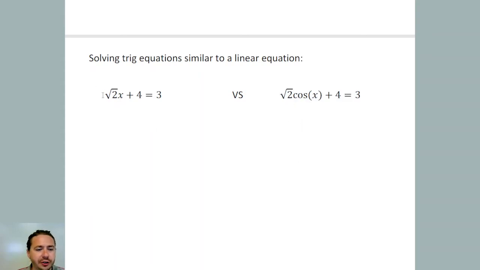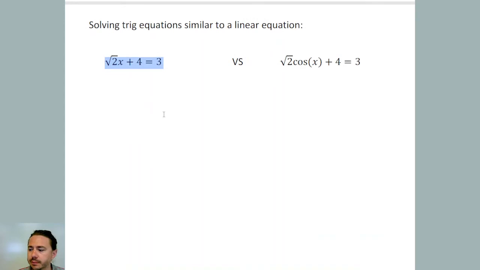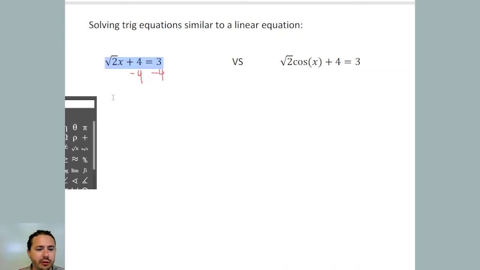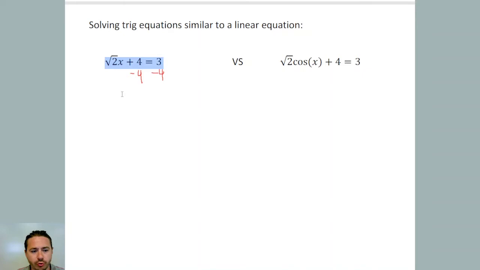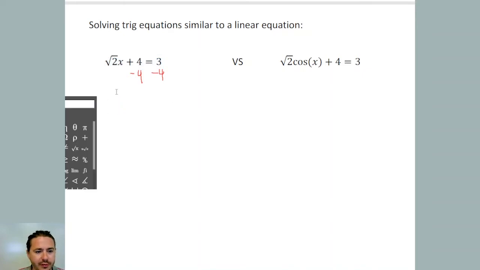If this was just a linear equation like back in Algebra 1, a basic two-step equation, we would start by subtracting 4 from both sides, and that would result in root 2 x equals -1.